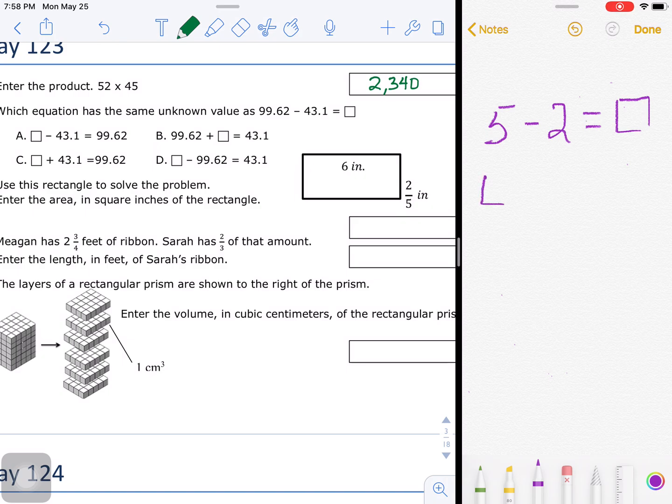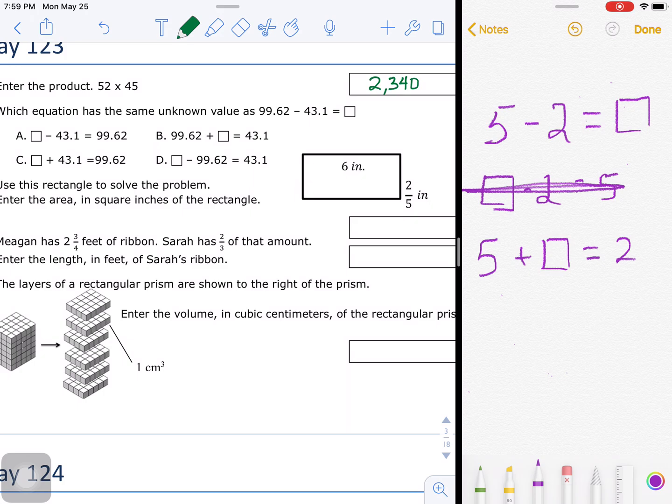Would I be able to take my unknown value and subtract 2 to get 5? That would be similar to what we're doing with A. Well, no, I couldn't do that. Would I be able to take my first value of 5 and add it to my unknown value, which I know is 3, and get 2?